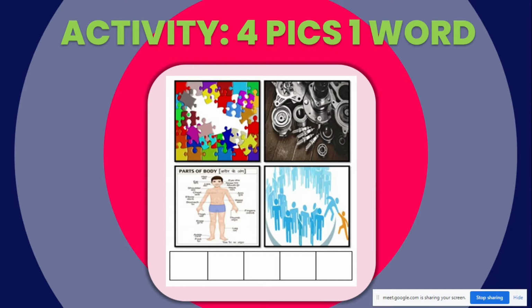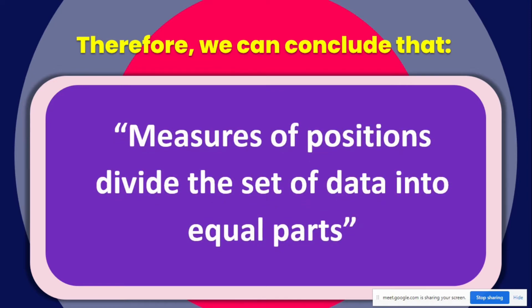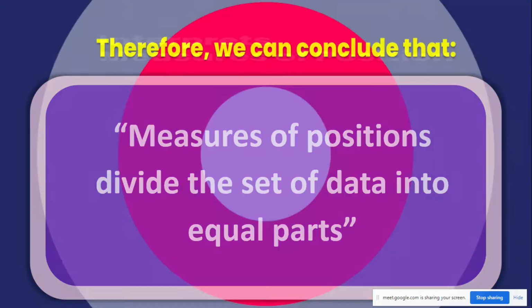Okay, let's try. Group or part? Okay, so parts. Groups is also possible, but the word parts is more accurate. So if we are going to make that a sentence, we can say: measures of position divide the set of data into equal parts. That will be our lesson tonight.